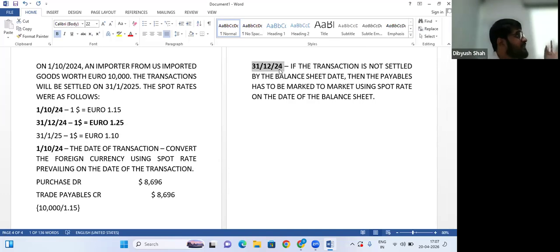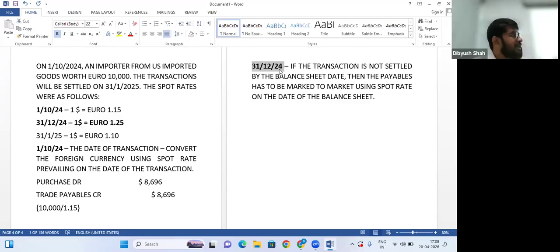All this is done assuming this accounting is only applicable if the transaction is not hedged. In Part 2, corporate finance, we will discuss hedging, when you eliminate your exposure or risks in this movement.